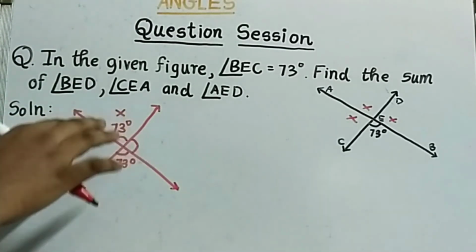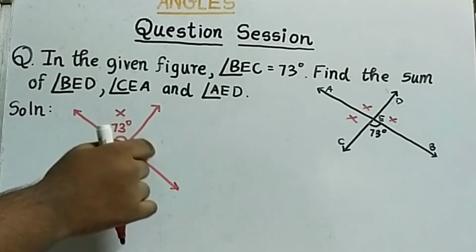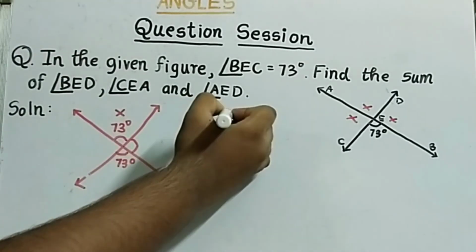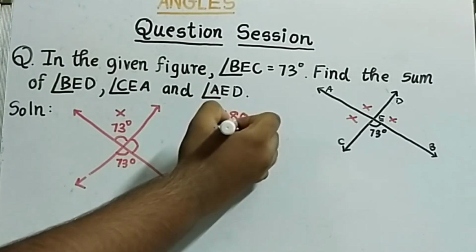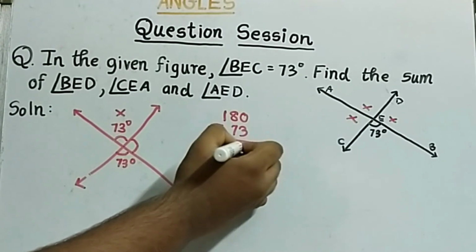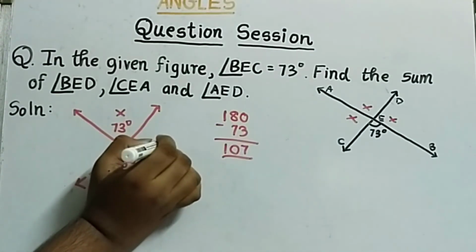One of the angles is 73, so the other angle would be 180 minus 73, because the total is 180. After subtracting, we get 107. So this angle is 107 degrees.